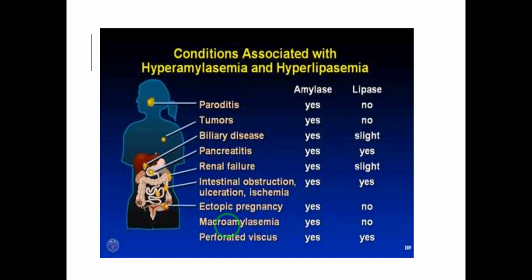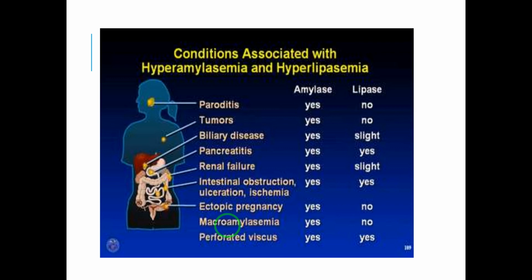Lipase is also increased in case of pancreatitis, acute pancreatitis. In case of acute pancreatitis, whatever the pathology, there will be autodigestion and activation of the enzymes, and autodigestion of the pancreatic cells and release of the enzymes.